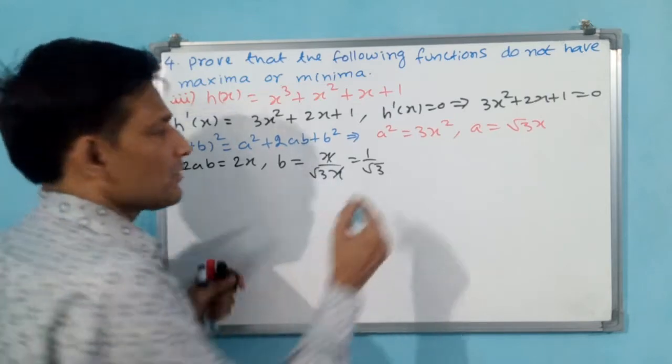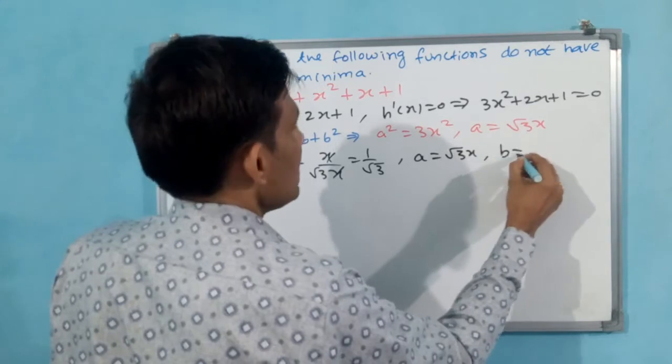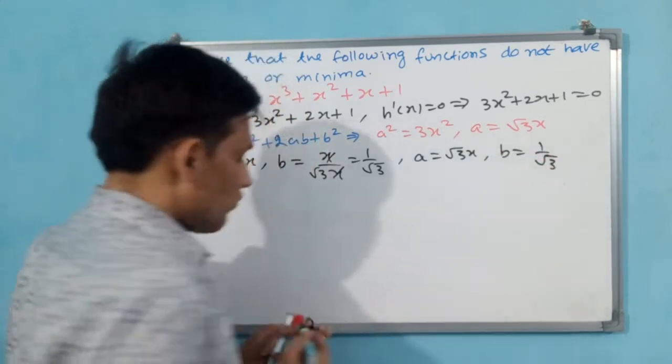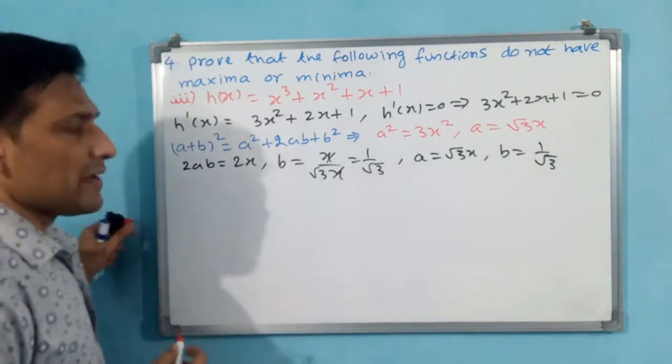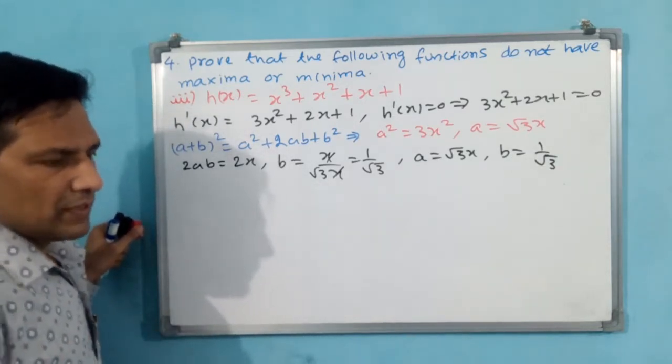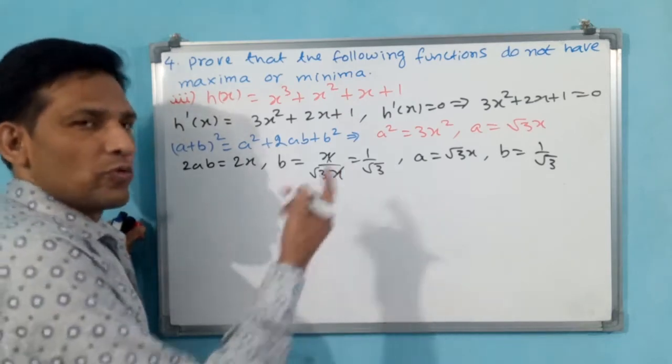Here you have got two values: a is equal to root 3 x, b is equal to 1 by root 3. We will write a plus b whole square and see whether we get any factor or root or not.